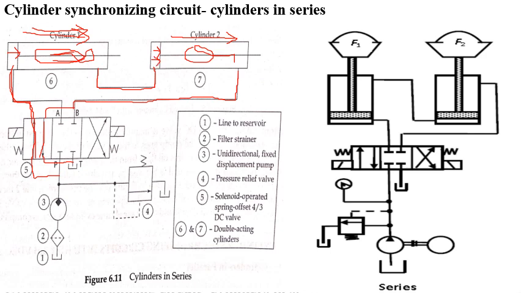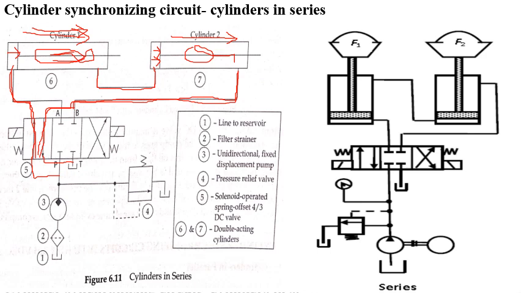Whatever oil is in the rod end side of cylinder 2 exits and moves towards the tank or reservoir like this. This is happening during the left mode operation. First cylinder 1 will extend, then cylinder 2 extends.